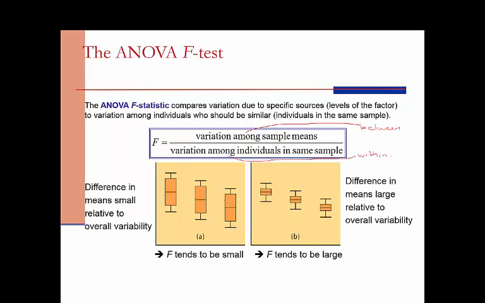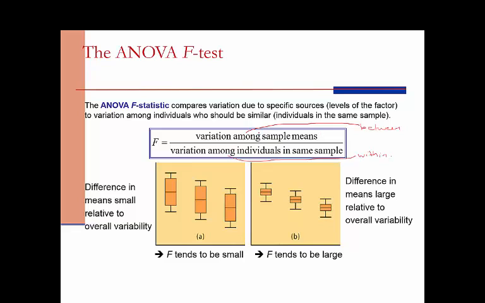With 3 different samples, this one has a much larger spread within each of the data sets compared to this one. But the variation between the means, which for a box plot is the median, or the mean can be somewhere near that, that gap is the same as the gap between those lines.